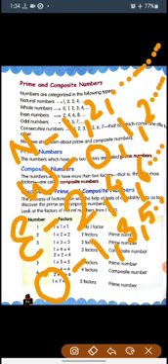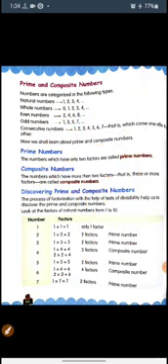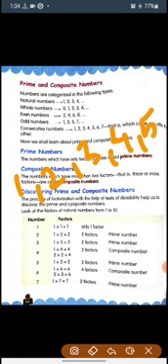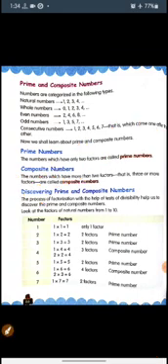What are consecutive numbers? Consecutive numbers are the numbers which come one after another, like 1, 2, 3, 4, 5. These all are consecutive numbers. The numbers which come one after another are called consecutive numbers.